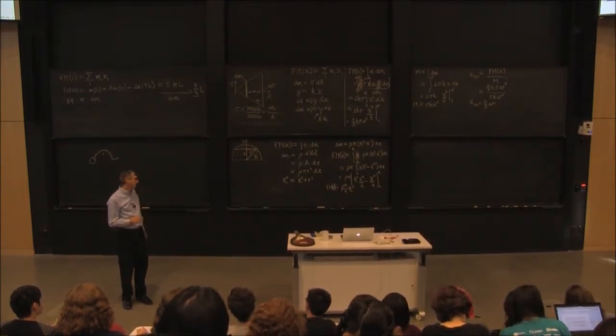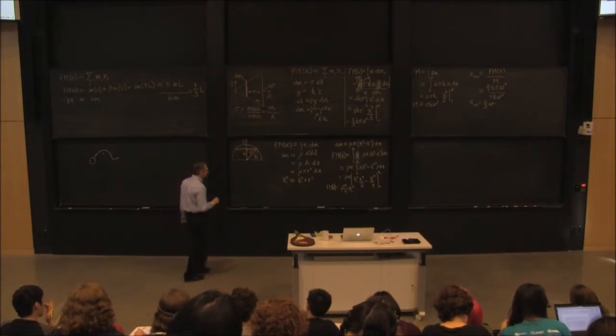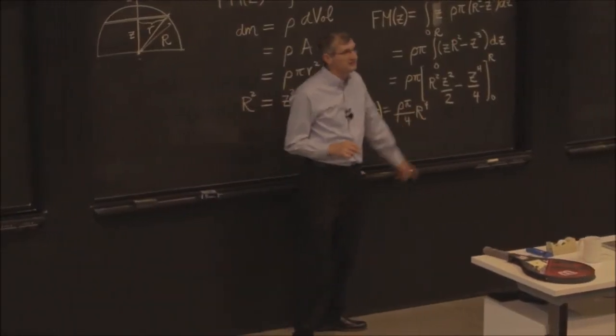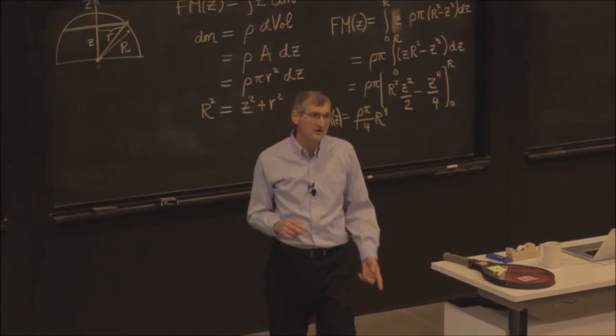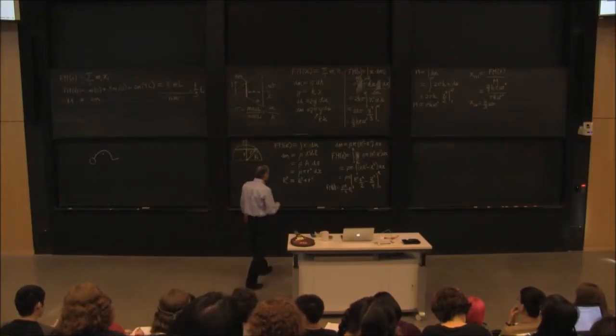Mass over volume. So what are the dimensions of the first moment? Mass over volume times length to the 4th, which is like length times mass. So yeah, mass times length, that's socially responsible.